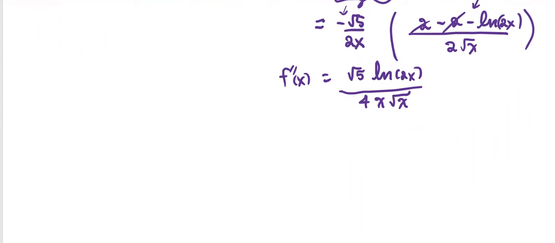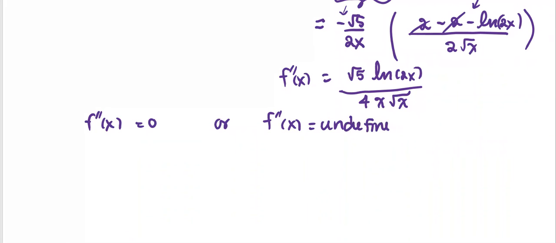Next, we're going to find the possible inflection point by looking at the case f double prime equals 0 and the other case f double prime undefined. The case at f double prime equals 0 is the case that the numerator equals 0, or the square root 5 times natural log of the 2x equals 0.